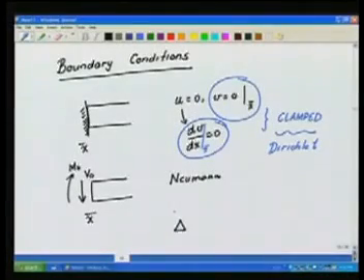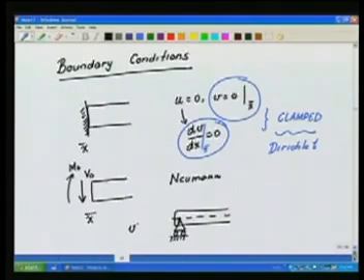I could have another situation where I am fixing the middle line of the bar of the beam at this point. Okay. So what I am saying here is v at this point is equal to 0.